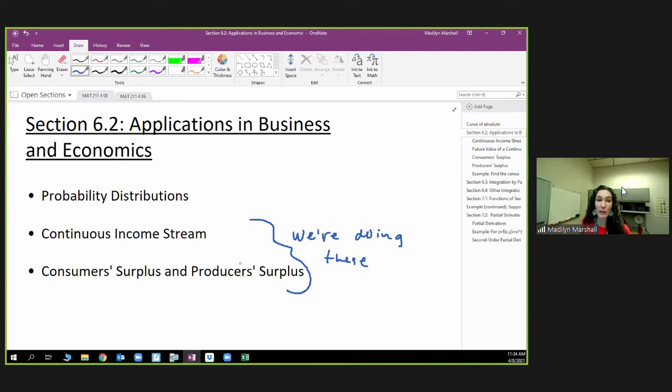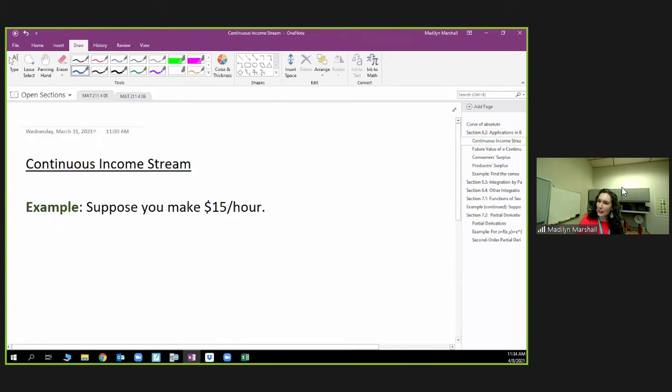But it's just knowing which formulas to use. So we're starting with the continuous income stream. And we're going to look at one brief example that we don't need calculus for, and then we can take that and generalize it to a calculus concept.